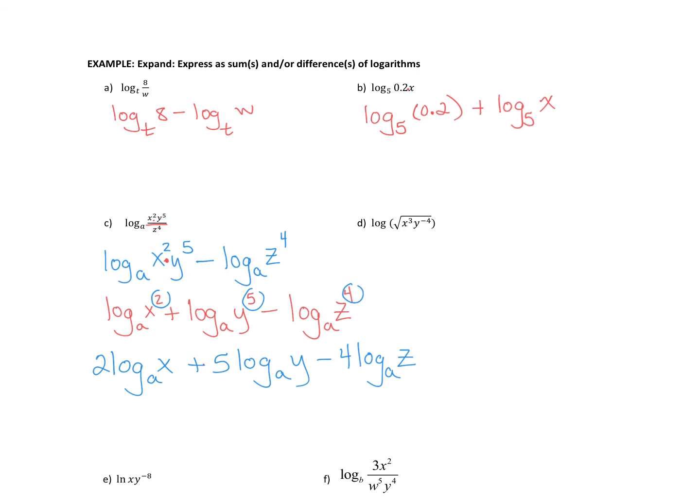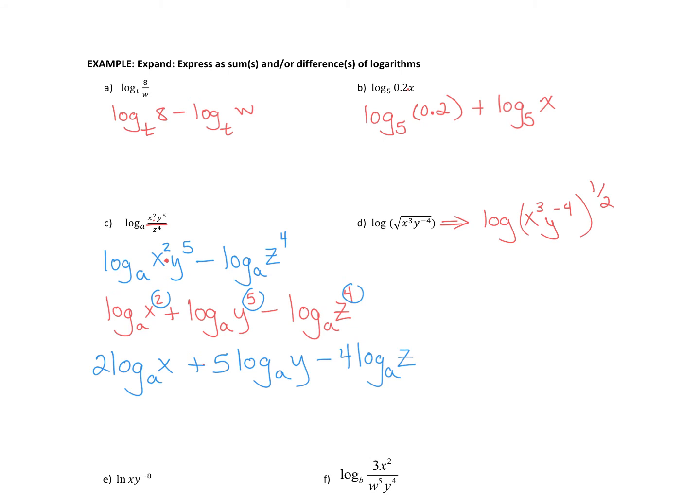For example D, I first want to rewrite this square root as a 1/2 exponent. Now in this particular case, I have two options. Because the 1/2 is applied to both the x and the y, I could bring that 1/2 down in front, or I could apply the 1/2 exponent to the x and the y and then break it up.